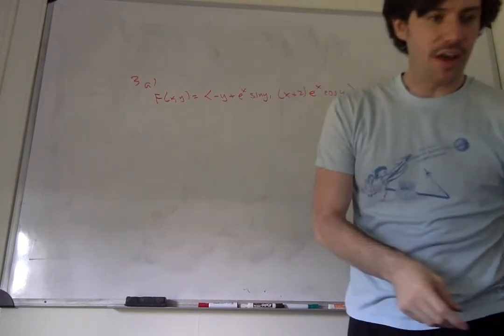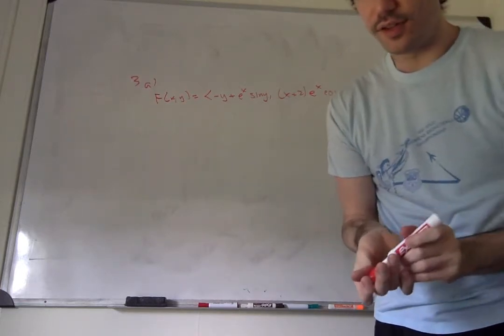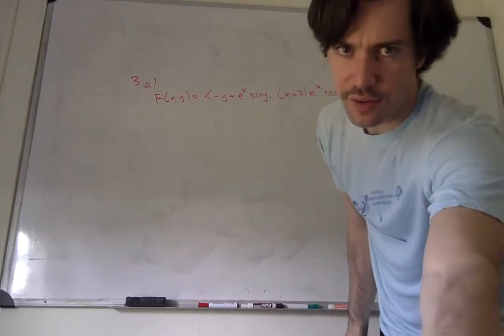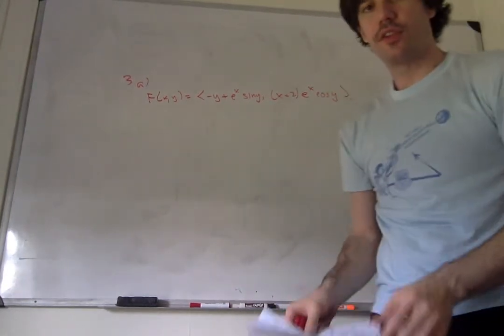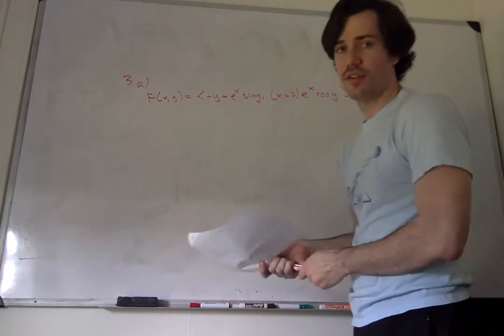We're supposed to find out whether or not it is a conservative vector field, and if it is, we need to find the potential function. Okay, so the first one is not conservative.